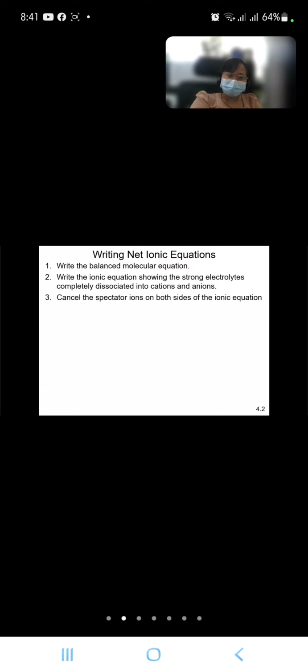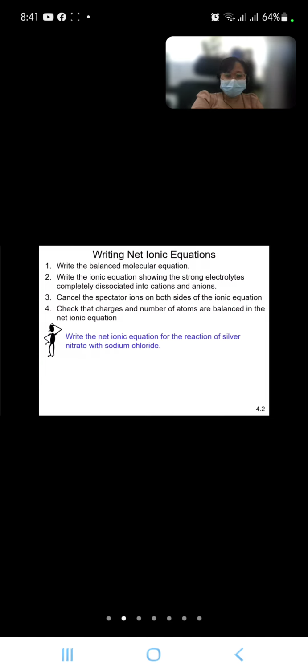Then cancel the spectator ions on both sides of the equation. Check if the charges and number of atoms are balanced in a net ionic equation. For example, write the net ionic equation for the reaction of silver nitrate with sodium chloride.